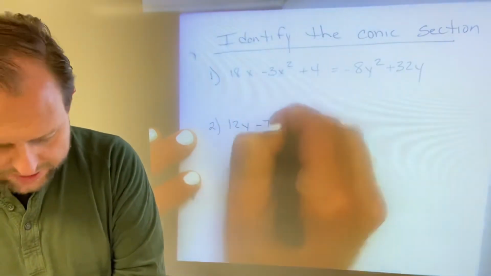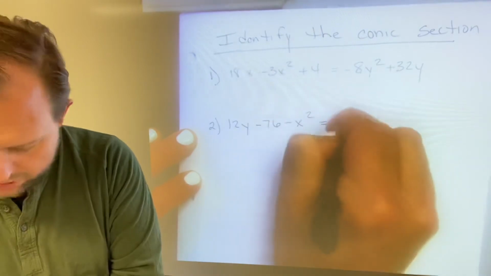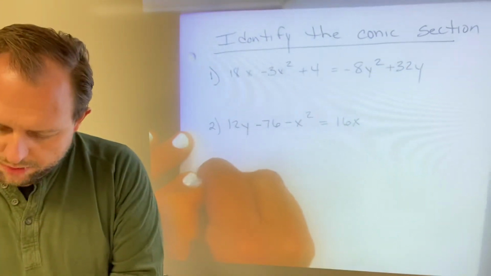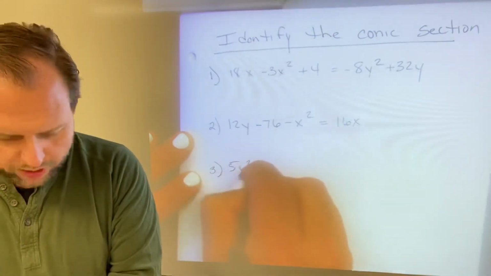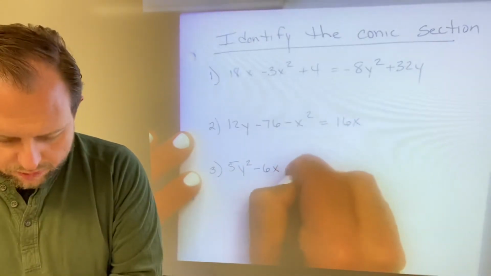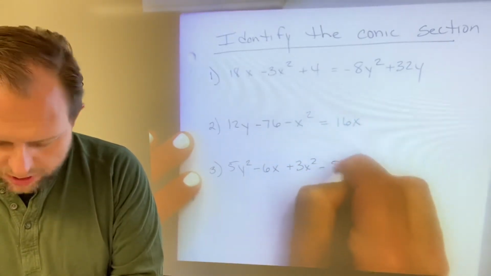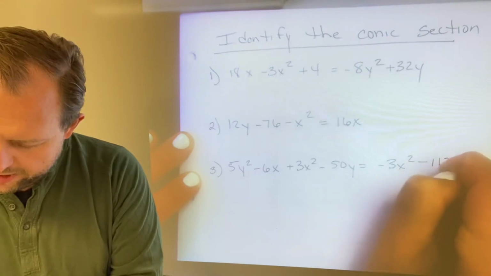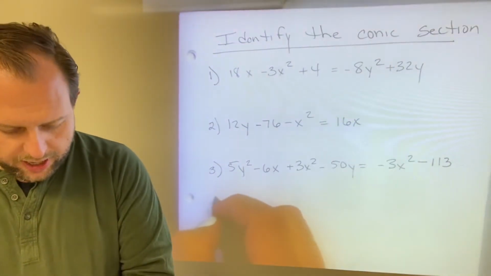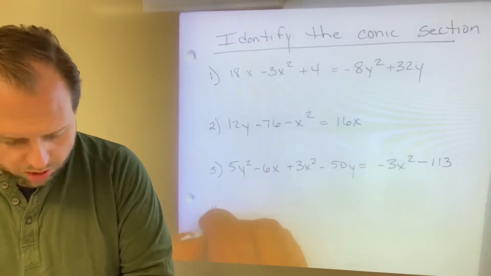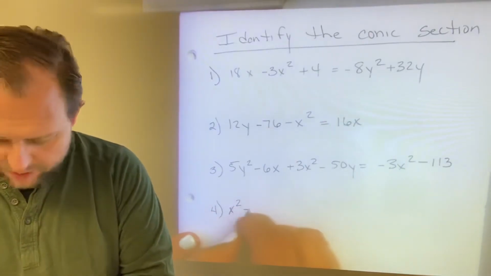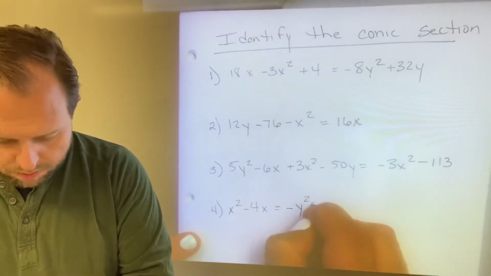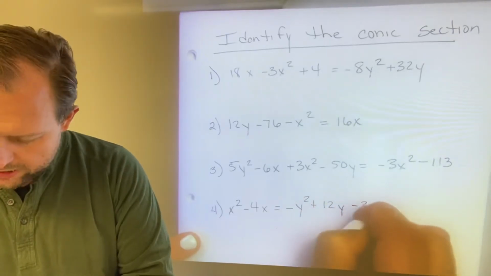Number 2: 12y minus 76 minus x squared equals 16x. Number 3: 5y squared minus 6x plus 3x squared minus 50y equals a negative 3x squared minus 113. And number 4: x squared minus 4x equals a negative y squared plus 12y minus 31.